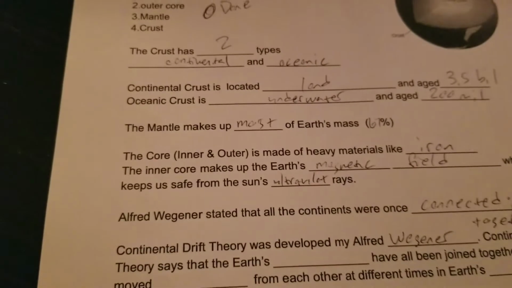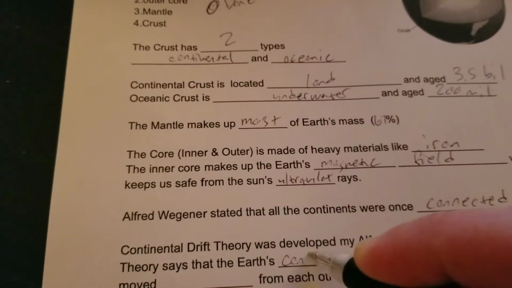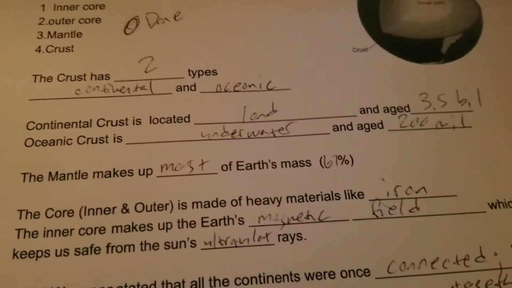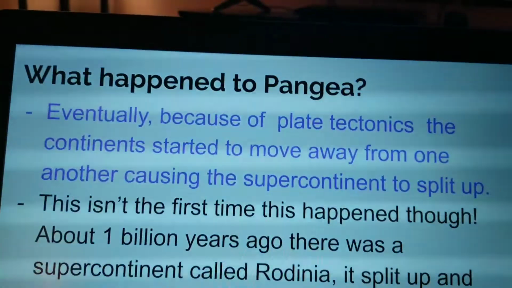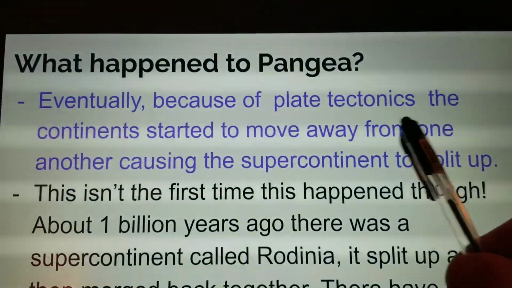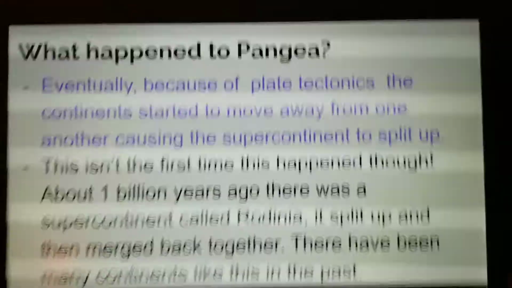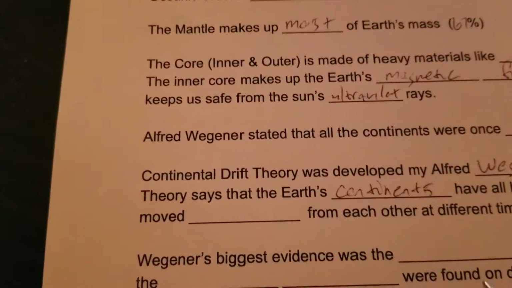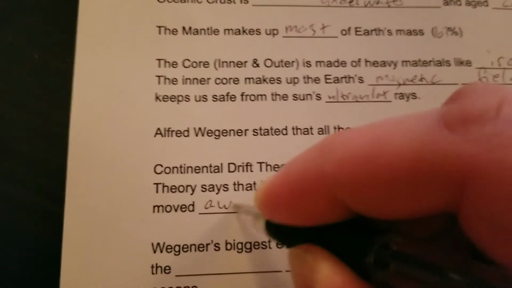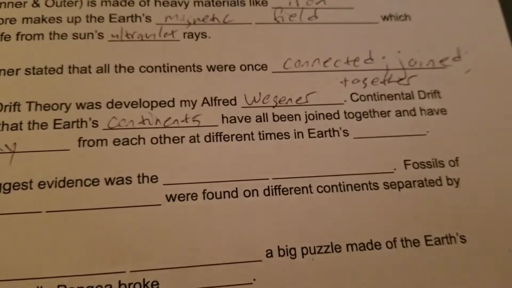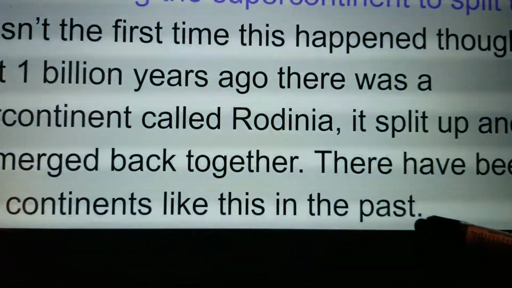He says that the Earth's continents started to move away from one another, causing the supercontinent to split up, been joined together, and have moved away from each other at different times in Earth's. Now that maybe isn't specifically in there, but really past, we could say history, past.